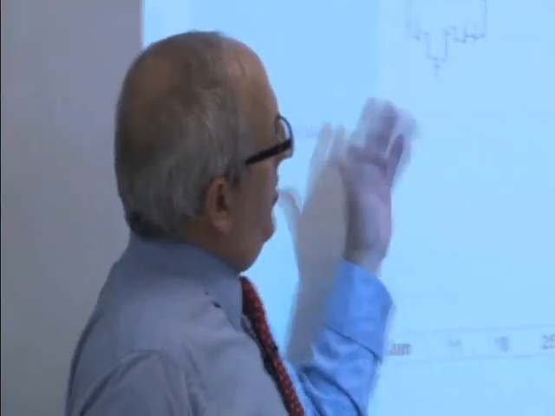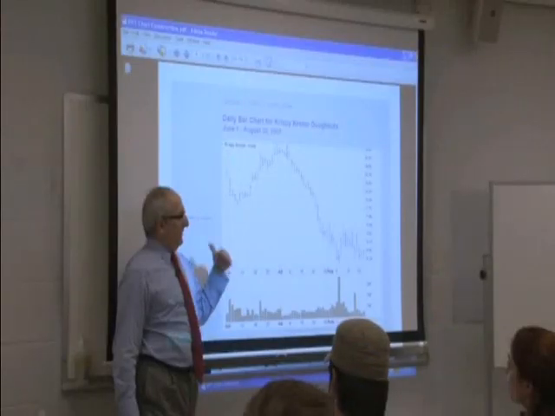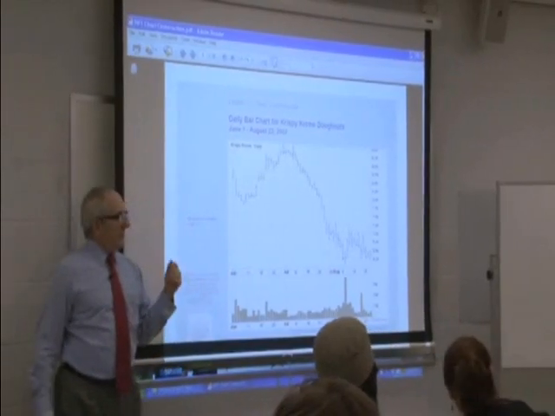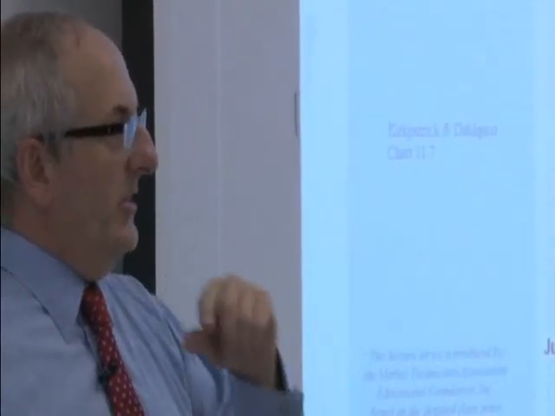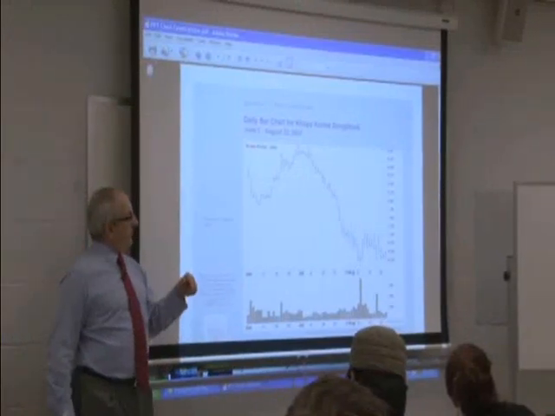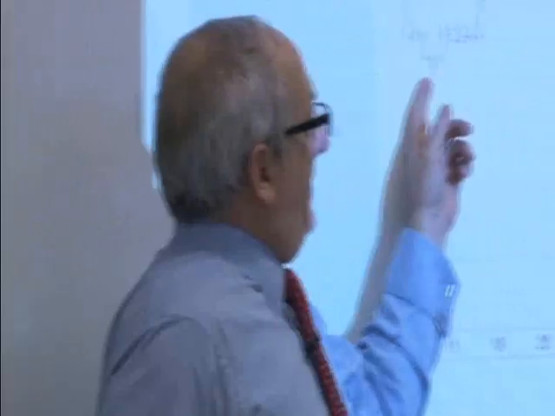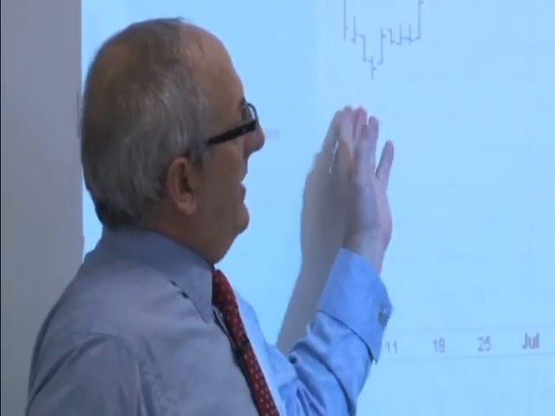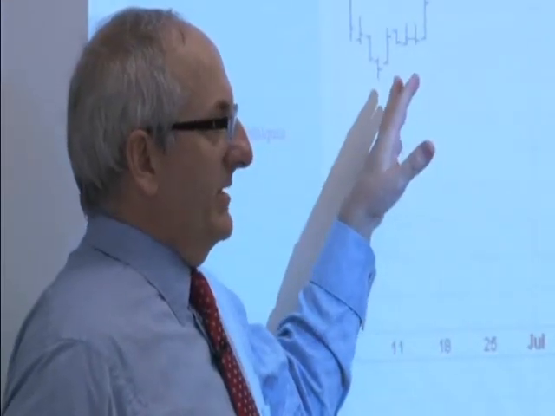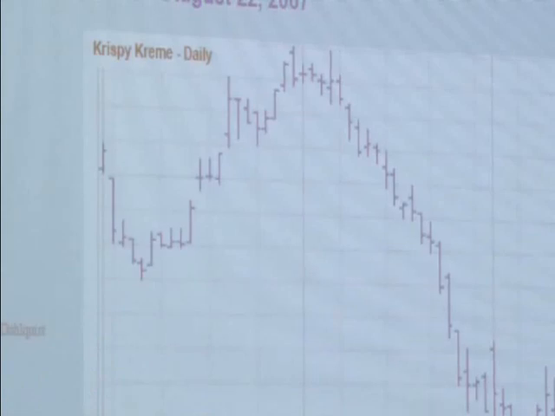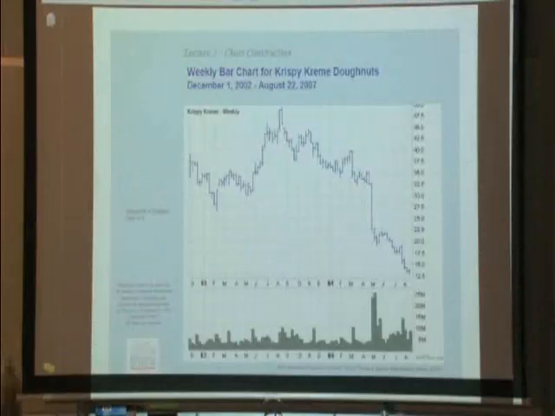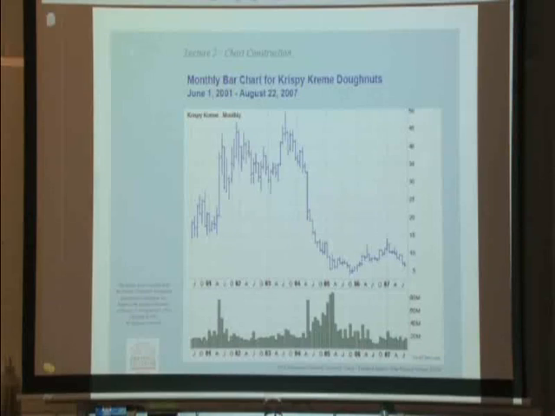But now you get more detail, more information. Just as the daily line chart had a lot more zigs and zags, more information than the monthly or weekly, the bar chart now has 4 pieces of information each day instead of just 1. The next one should be the weekly chart, and the next one is the monthly chart.